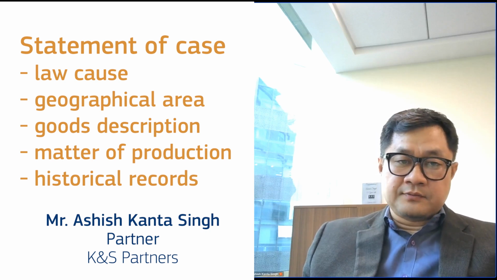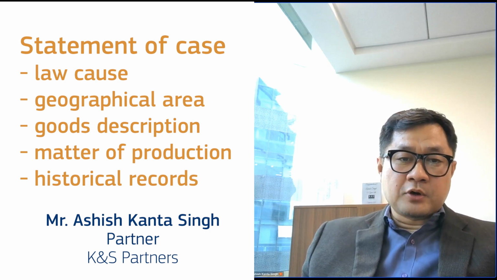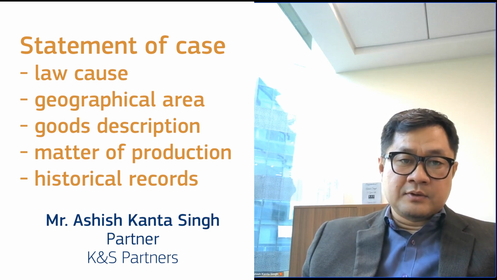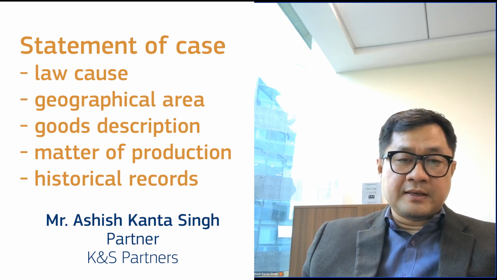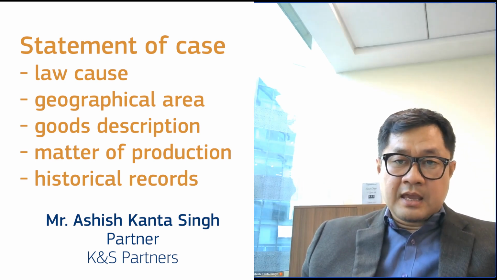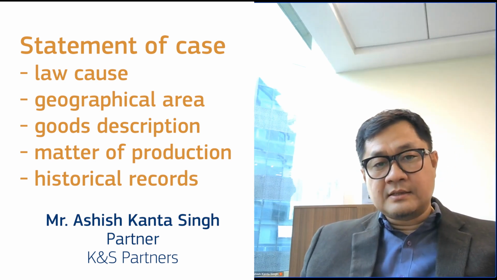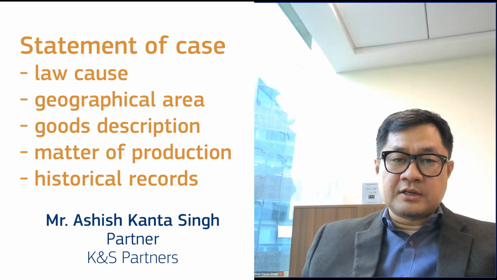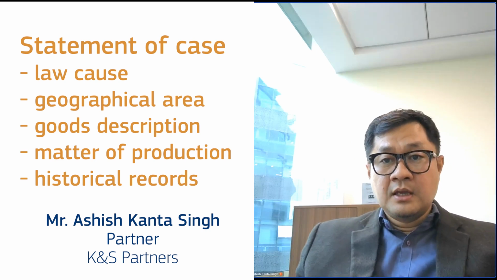We follow the NICE classification in India. If it is an agricultural product like tea, coffee, rice, etc., it is filed in class 30. If it is a handicraft product, you have to designate an appropriate separate class for filing that application.